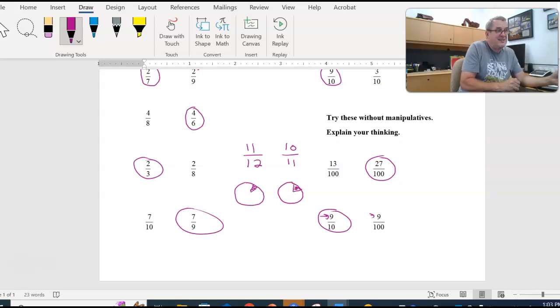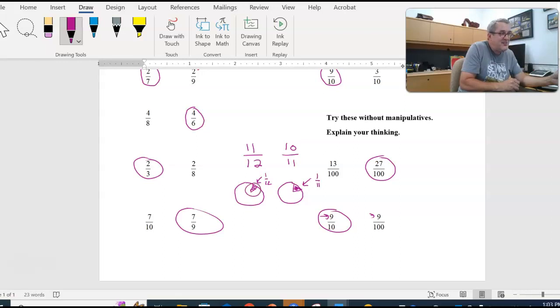Now, this is not to scale or anything, but cutting things up into 11 pieces makes the pieces a little bit bigger. So in this case, that piece right there is a 1/11, where that piece right there is a 1/12. Now, a 1/12 is going to be smaller than a 1/11.